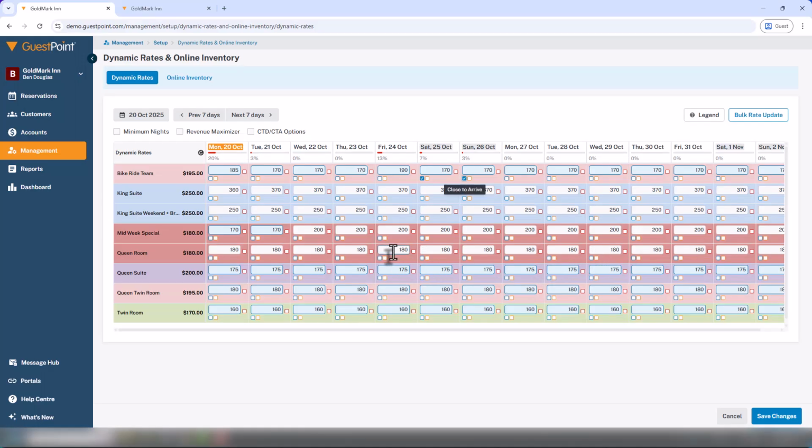The next scenario we're going to look at, we've got a really busy wine festival on. Friday, Saturday and Sunday again, but this time we want to avoid people checking out on the Saturday morning. We want everyone to push through and check out on the Sunday.